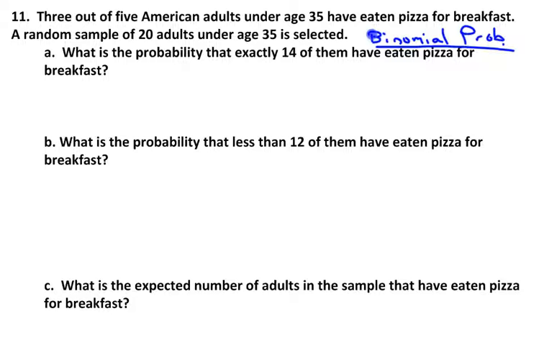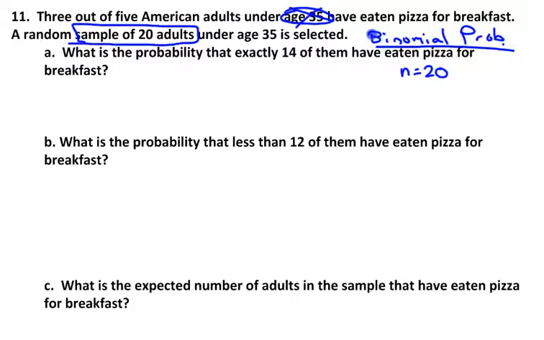As we read this problem, the age 35 has nothing to do with anything as far as the numbers go. This tells us, when we read that there's a sample of 20 adults, that tells us our N is 20.